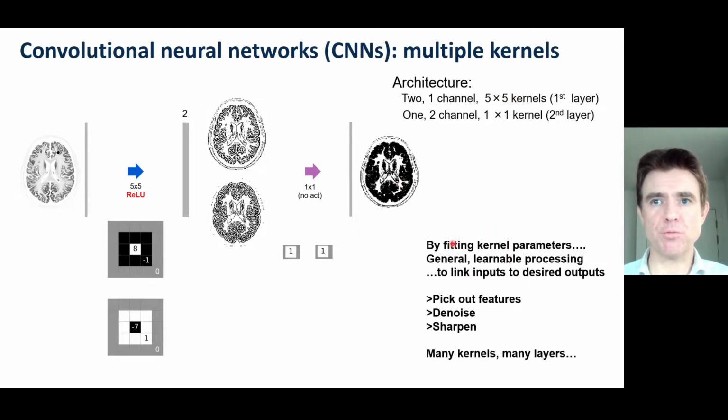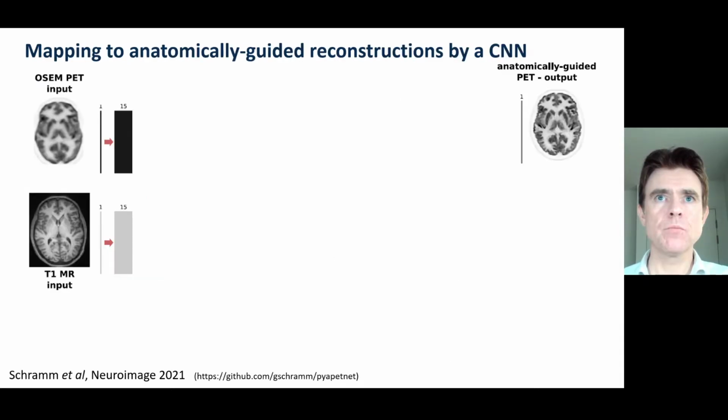By learning those parameters via stochastic gradient descent, for example, with a loss function such as mean square error, then what we can do is have a learnable non-linear processing mapping that takes us from any input to any desired output within reason, whatever, if you like, the limitations are of the inductive prior that is our convolutional neural network.